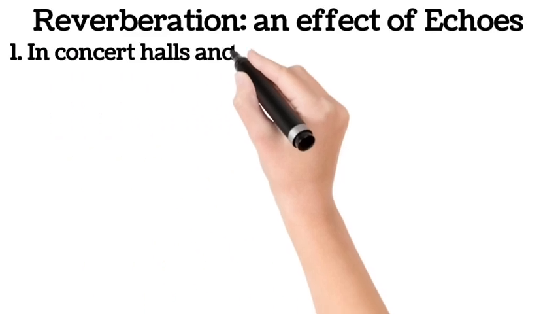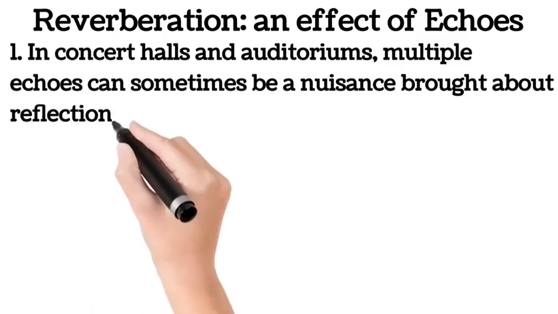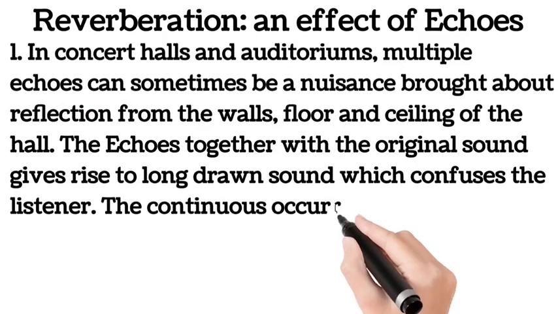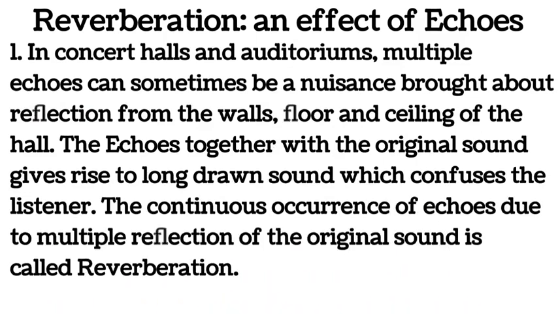The first one says, in concert halls and auditoriums, multiple echoes can sometimes be a nuisance, brought about by reflection from the walls, floors, and ceilings of the hall. The echoes, together with the original sound, give rise to long-drawn sound, which confuses the listeners. This continuous occurrence of echoes due to multiple reflection of the original sound is called reverberation.